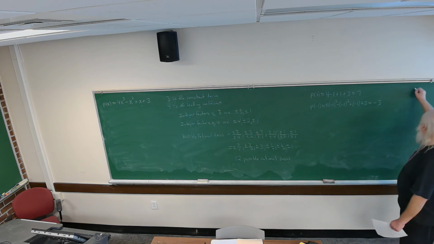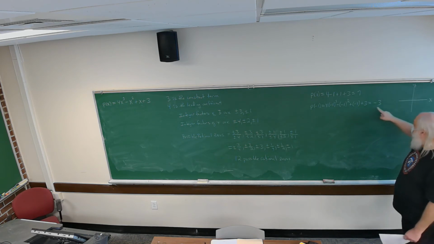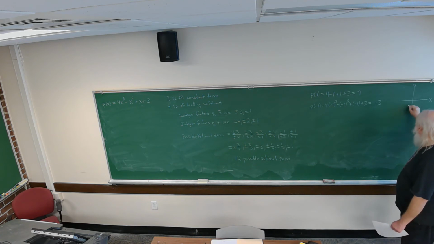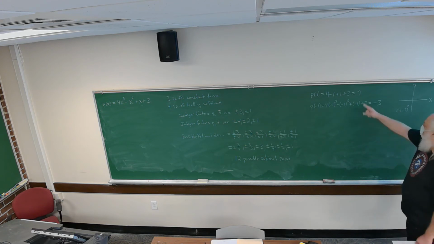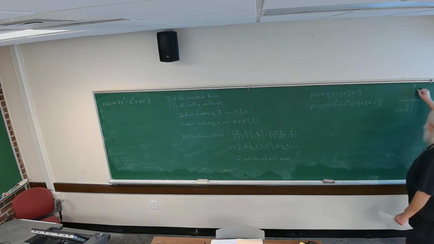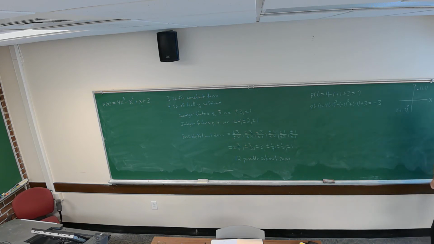Okay. So just to give you a quick view, x, y, the point minus 1, minus 3 is on the graph. And the point 1, 7 is on the graph. Polynomial functions are continuous.